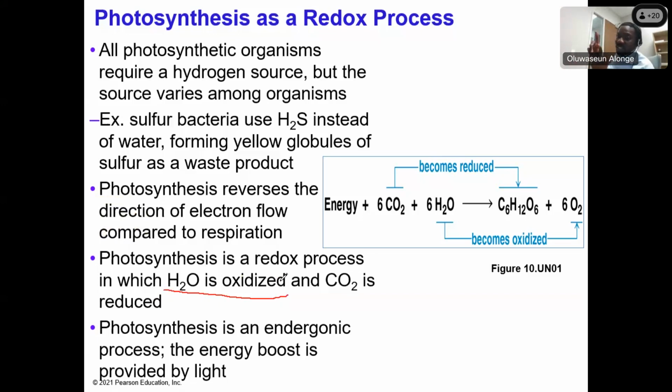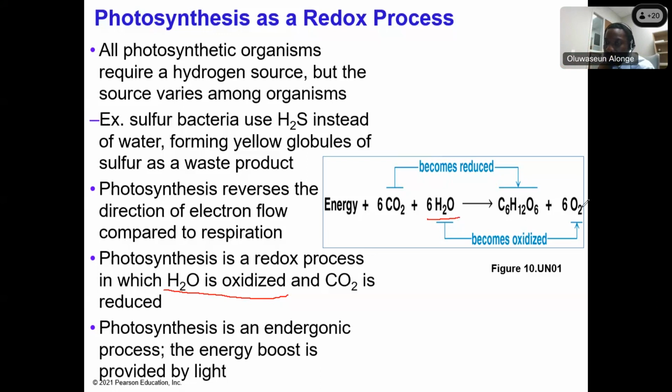Again, oxidation is removal of hydrogen or addition of oxygen. Addition of oxygen or removal of hydrogen. That is oxidation.